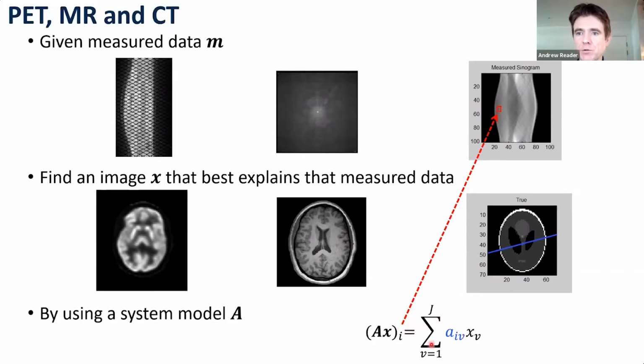And that's going to be related through the system model, this matrix multiplied by a vector. And the matrix is effectively showing us the elements in the image or the object representation that are associated with a particular measurement. So I won't go into more detail about the system modeling. Hopefully you're already familiar with that, and I'll be assuming that throughout now.